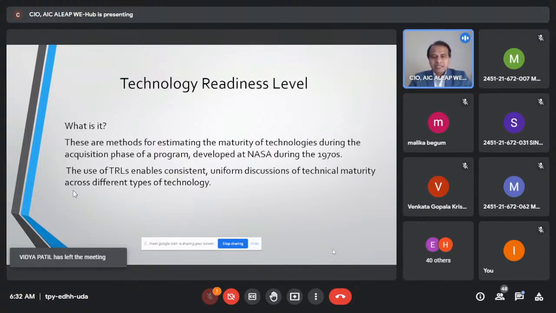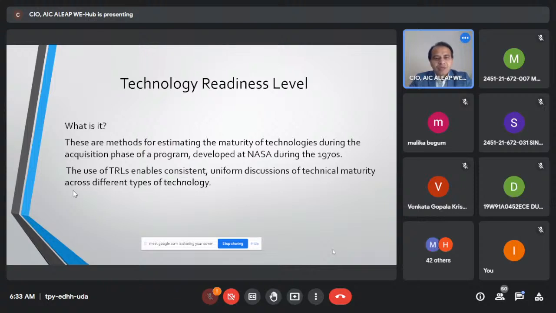So let us see what this technology readiness level is. It's the oldest method to give you an indicator of what the stage of your innovation is. We give one kind of indicator, which is nothing but technology readiness level, or TRL.